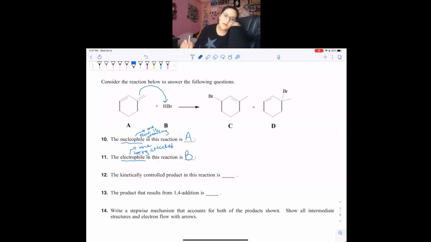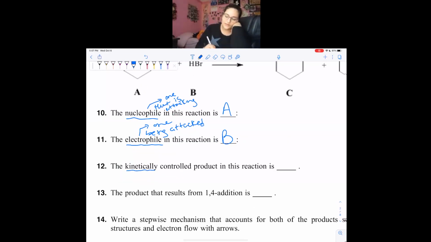Cool. So now this set specifically asks for the kinetic in the 1,4. So really quick, what defines the kinetic product? Faster, yeah, that's the one that forms faster. But faster and slower are not necessarily the words I would use, only because they could ask you a question phrased like, which product is going to form faster at high temperatures?